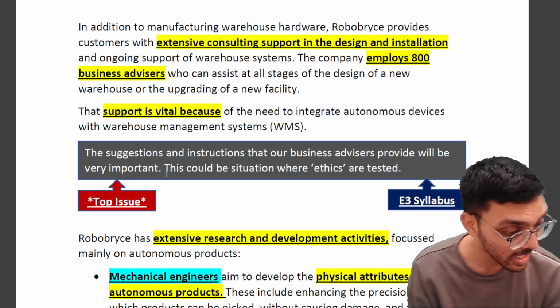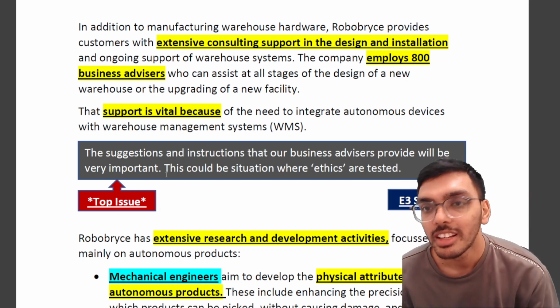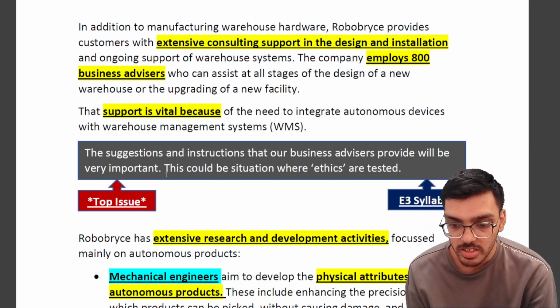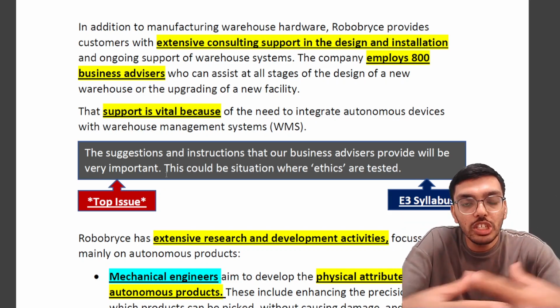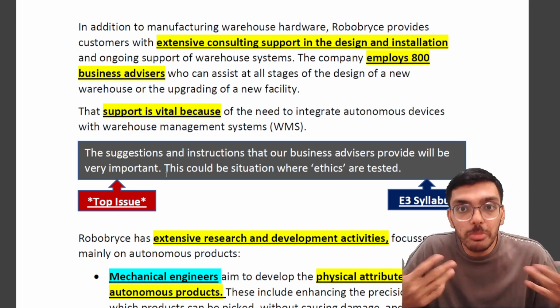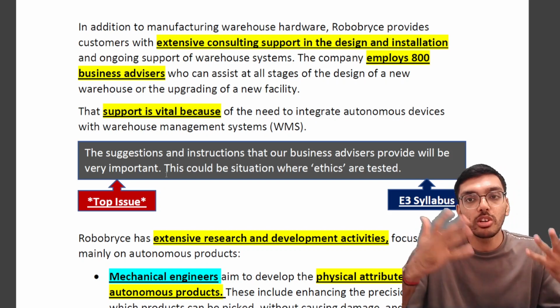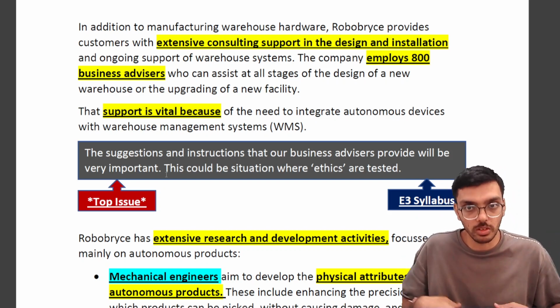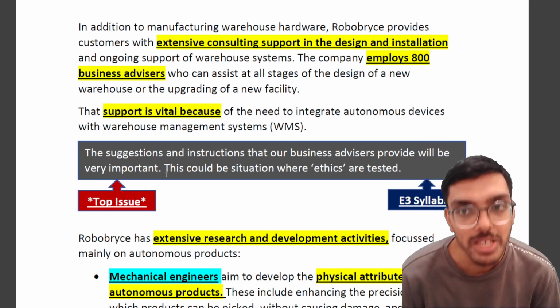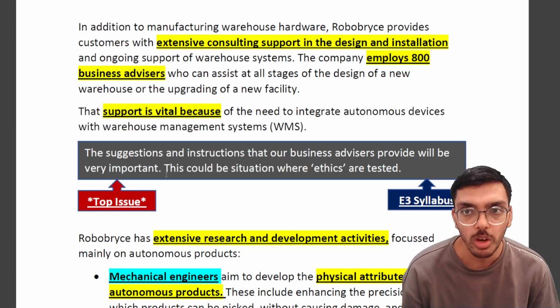Remember, earlier on in the pre-seen, we learnt that you need to have good business advisors. Only then your client relationship will be locked in, and only then the client will want to work with you. Because if you don't give them bespoke solutions, if you don't give them specific solutions for them and their business, then they don't want to work with you.